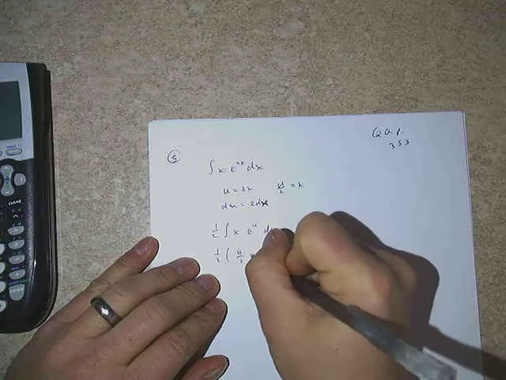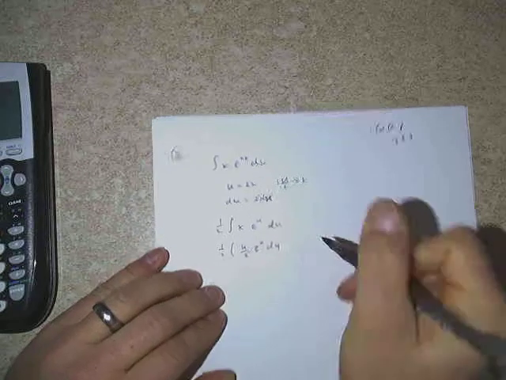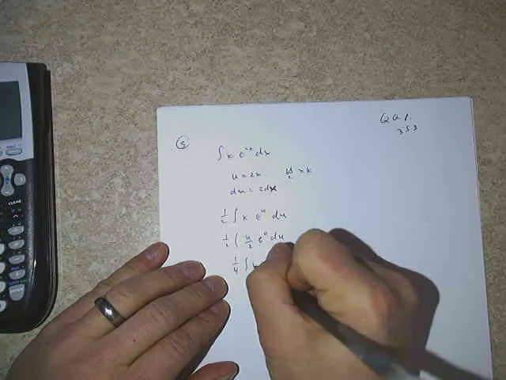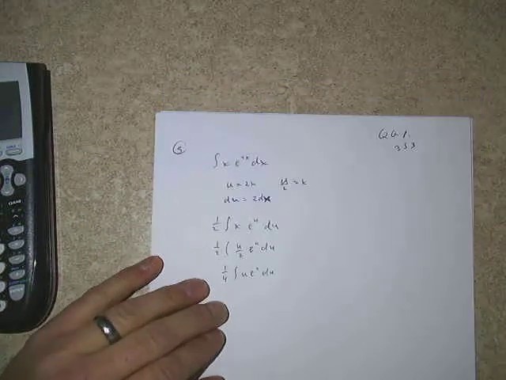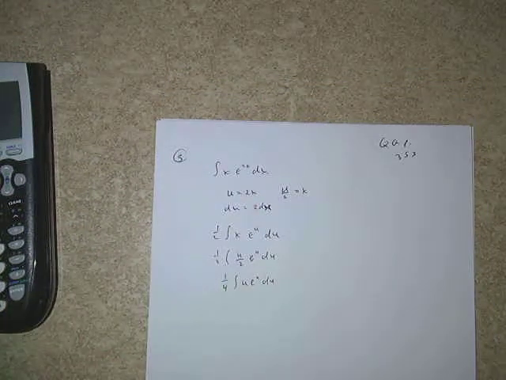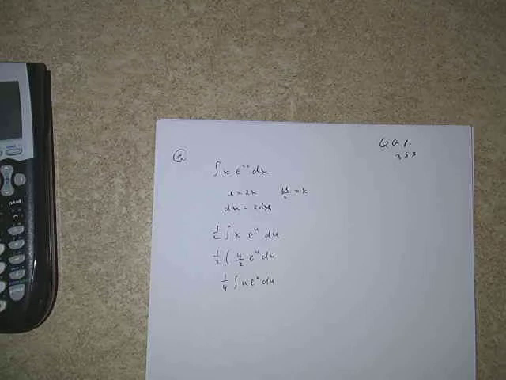But if we did that, notice what would happen. If we take that 2 out of there, we'd have u e to the u du. How does that compare to the original? That's really the same thing, isn't it? So we could substitute and get rid of the x's, but in this particular case, it doesn't really give us anything helpful, because we're still in the same predicament.